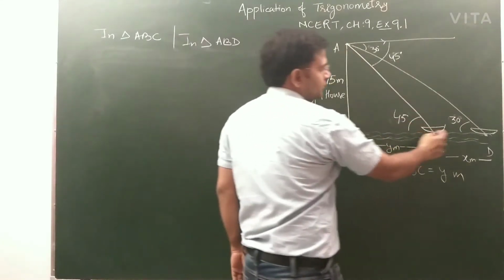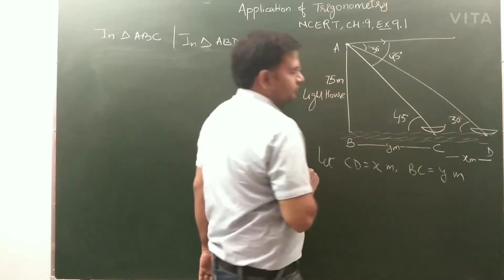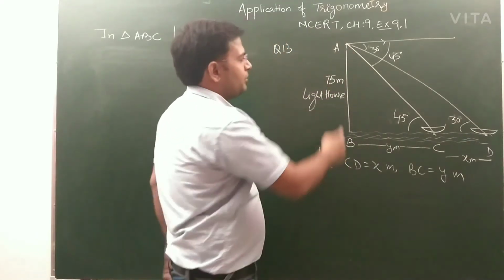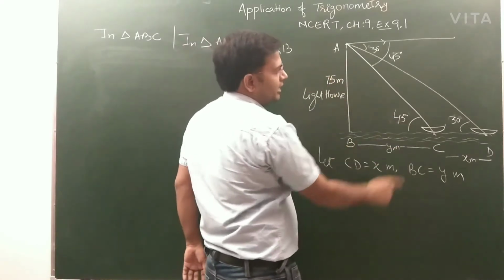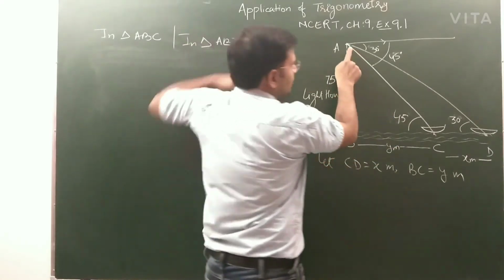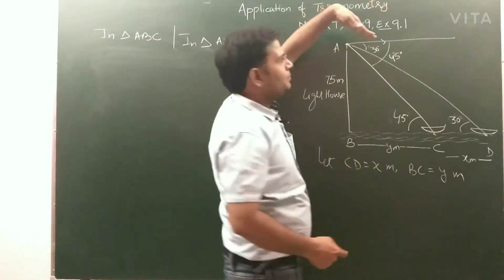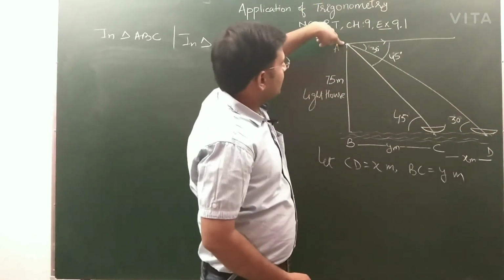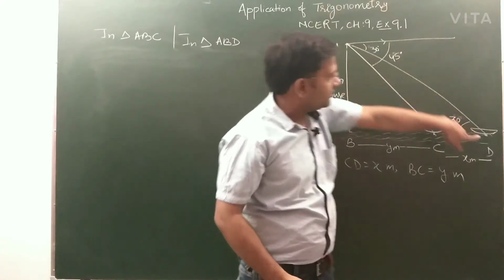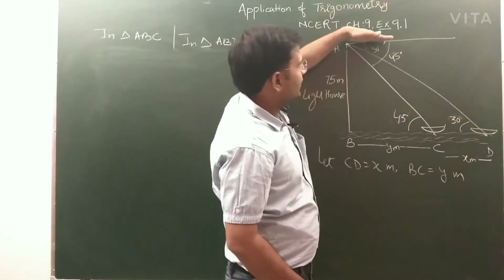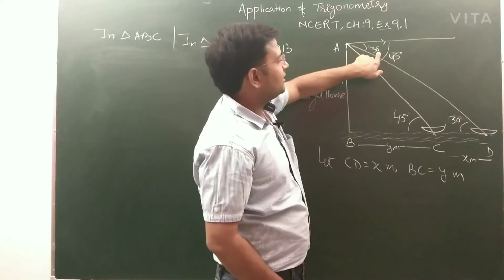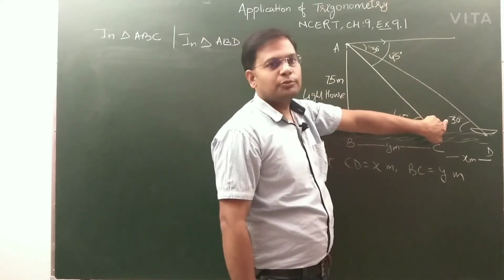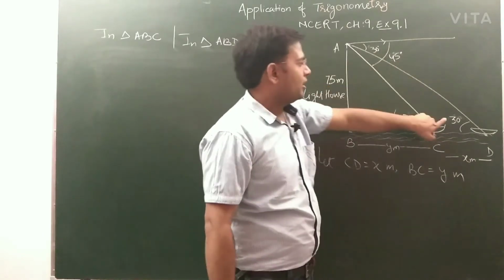There are two ships in the sea, and the angles of depression of the two ships are 30 degrees and 45 degrees. Depression means the angle is made from top to bottom. We mark this angle on the top, and this angle is 30 degrees. This will also be 30 degrees, because these are alternate angles.